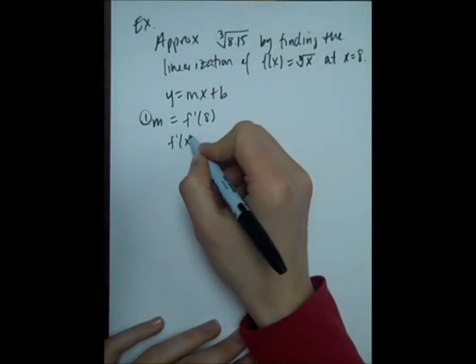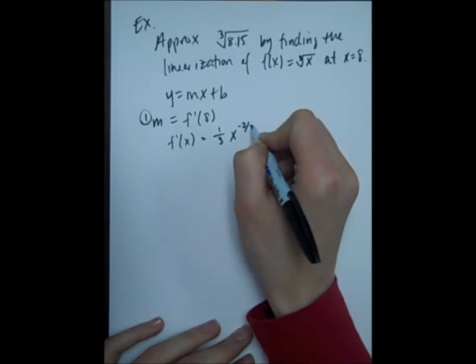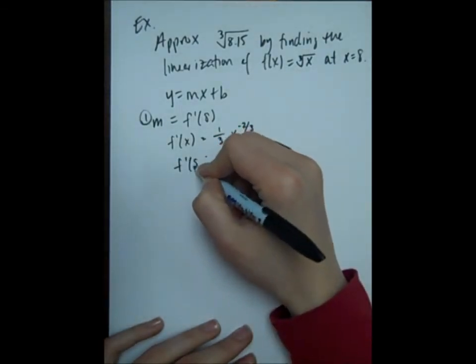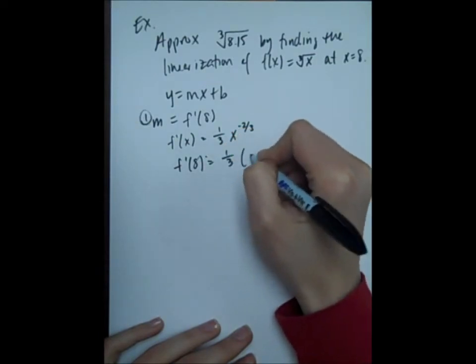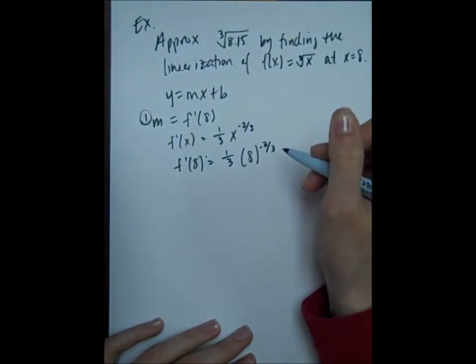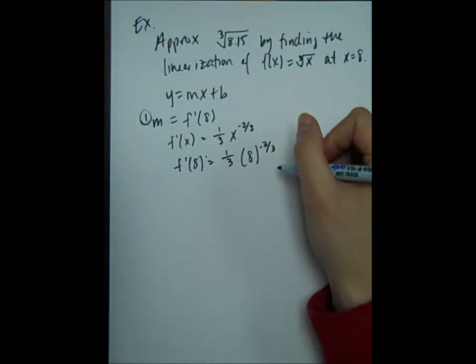Well, f prime is going to be 1/3 x to the negative 2/3. If I plug in 8 to this function, I'll get 1/3 times 8 to the negative 2/3. So let's see, what is 8 to the negative 2/3?